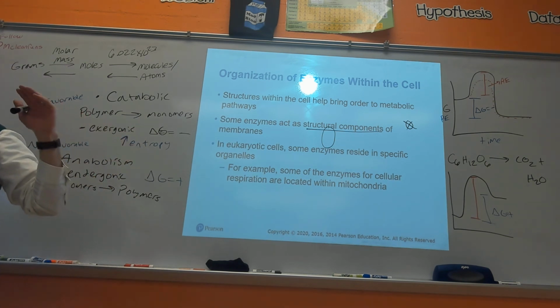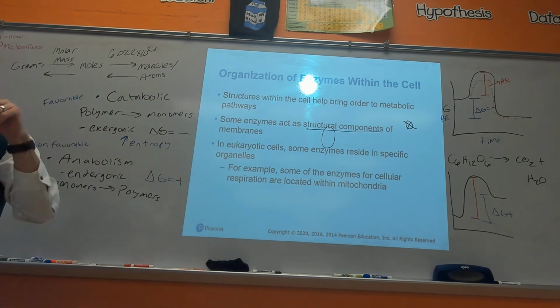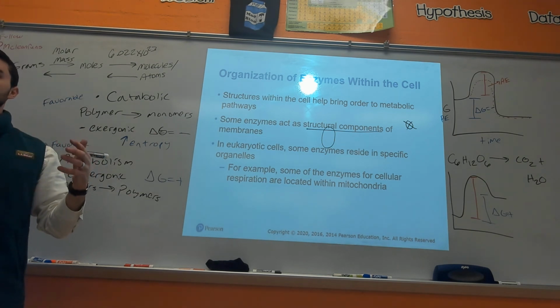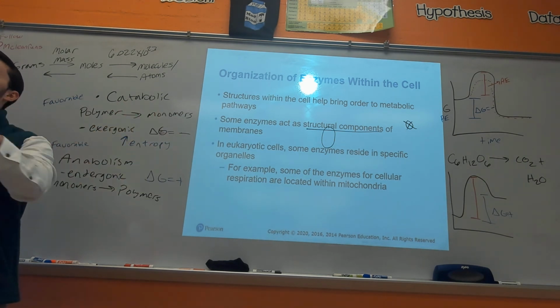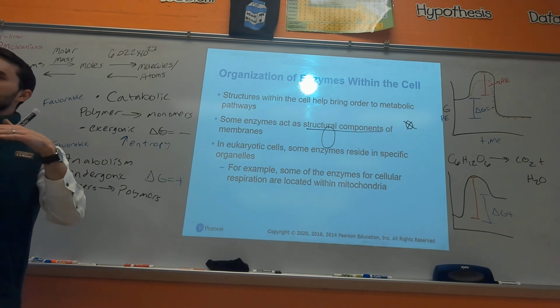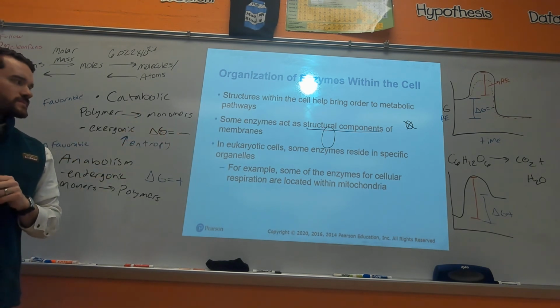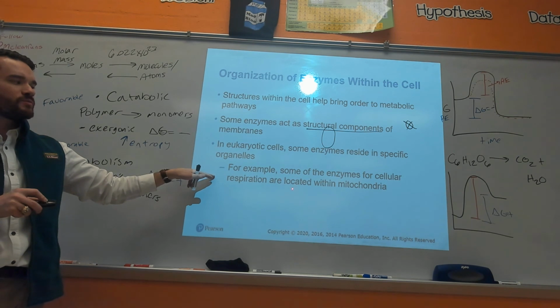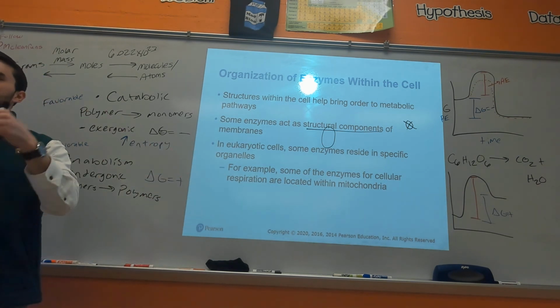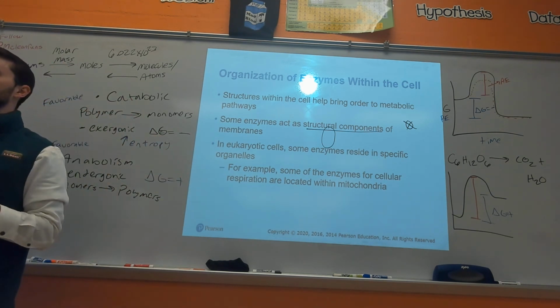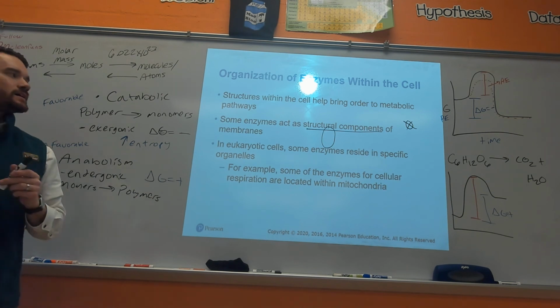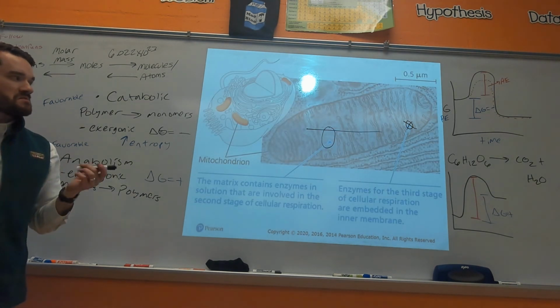It's similar to the cytoskeleton, which is used for structure but could also be a highway to transport things. So enzymes will also be structural parts of the cell. Anyways, enzymes that are involved with cellular respiration, you organize them in different compartments. It's a little more efficient that way. Okay, there we go.